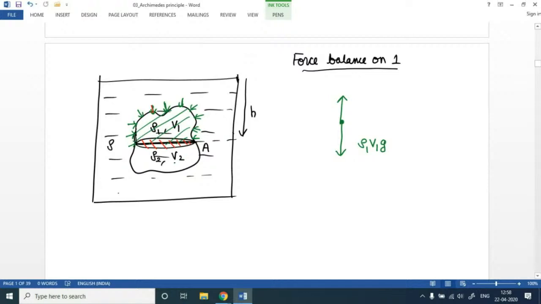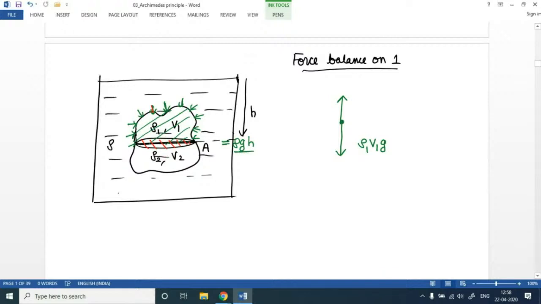That force would have been in the vertically upward direction. It would be the pressure at this level, rho g h, multiplied by A, the force exerted by the liquid from the bottom face.